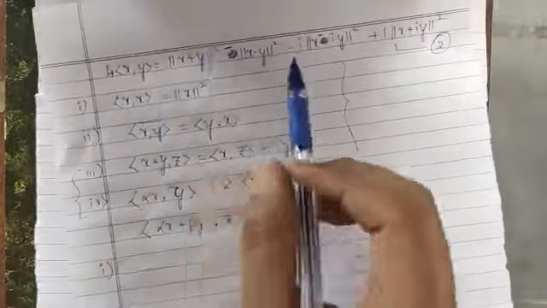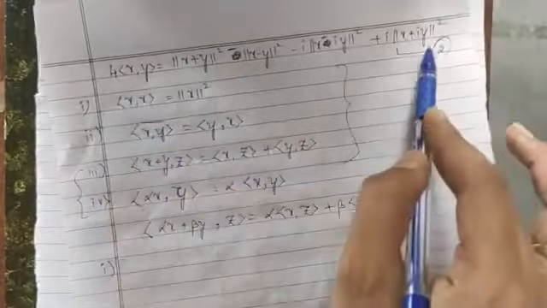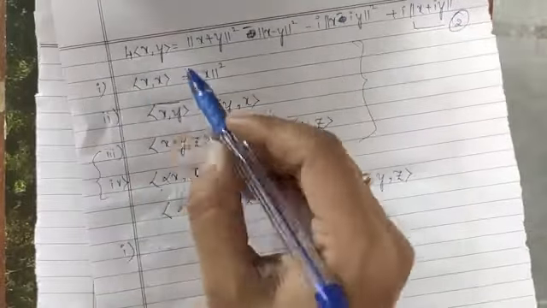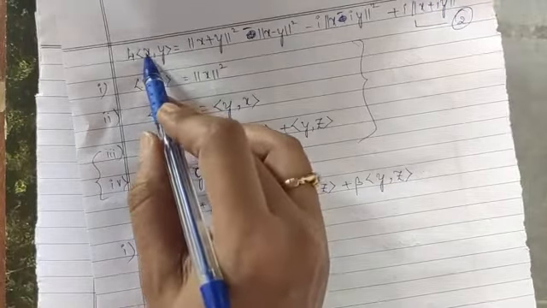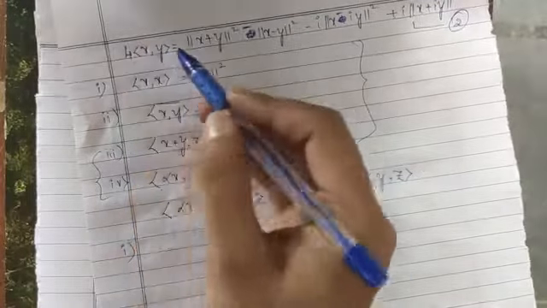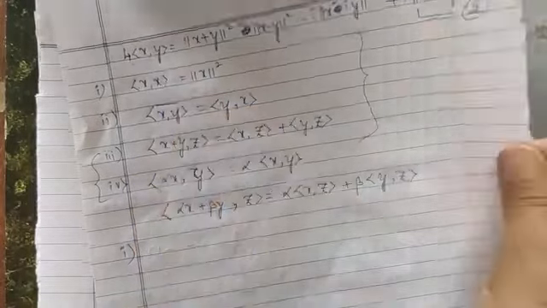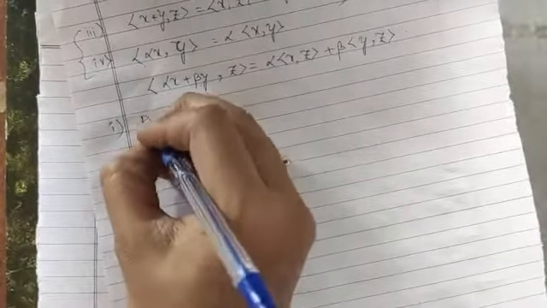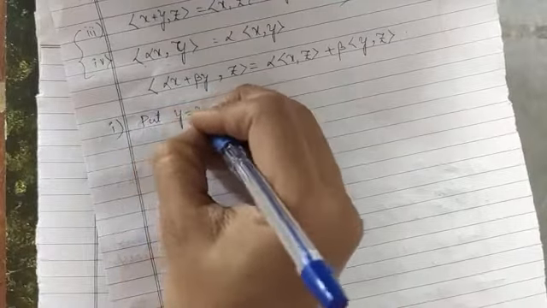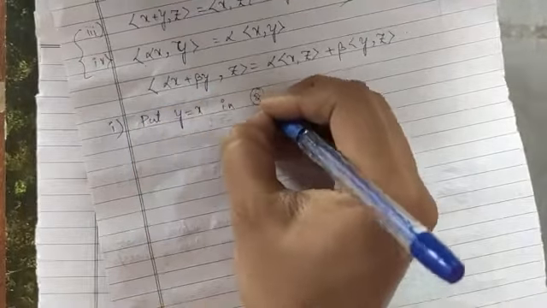To prove the first property, since our norm is defined here, I have the inner product of x comma x. Here I have the inner product of x comma y. So you have to replace y by x in order to get the inner product of x comma x. So put y is equal to x in equality 2.